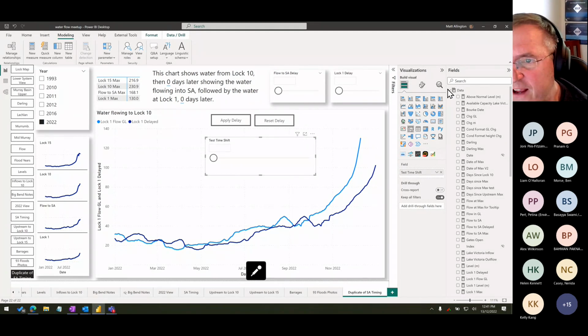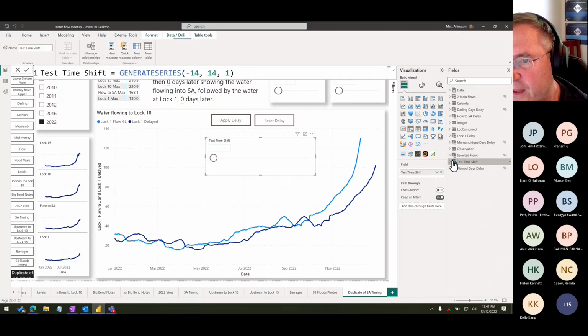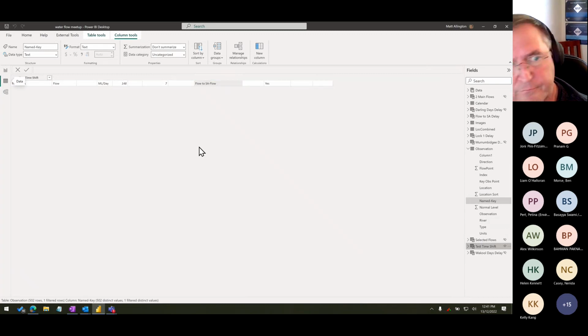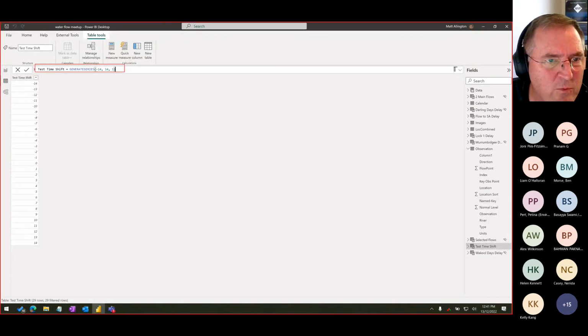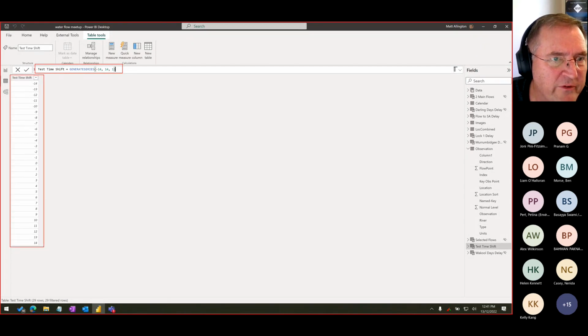So this slicer that was generated is actually on top of a table. So let me show you the table. So when I used that wizard, what happened was it generated a table. The table started from -14, it went to +14, and it increments by 1. So every number between -14 and +14.